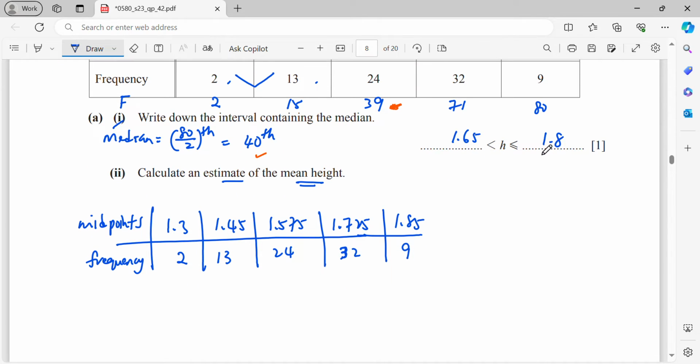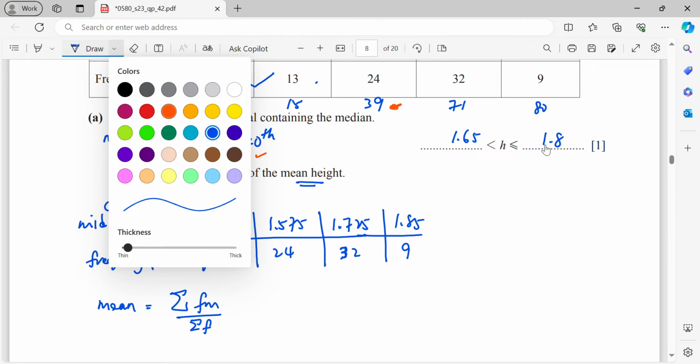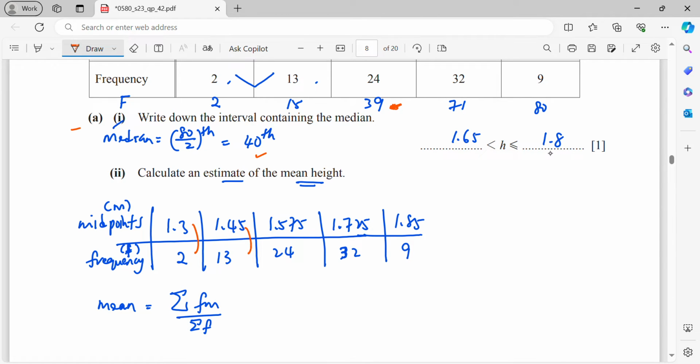Now the mean is the summation of frequency times midpoints over summation F. This is the M, this is the F. So you multiply and plus all together; that will be my numerator.